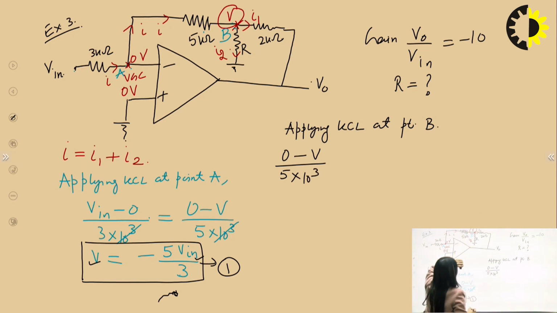This point potential minus 0 is equal to, see, this current I is equal to I1 plus I2.